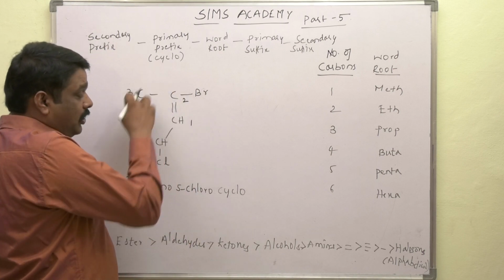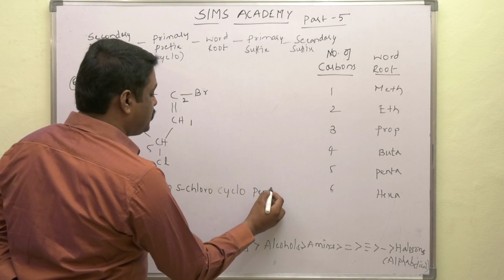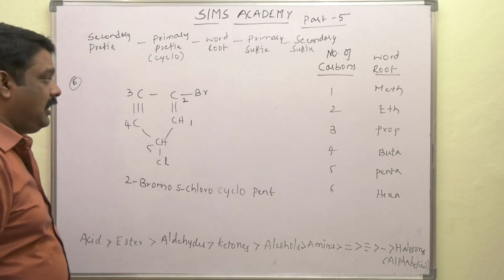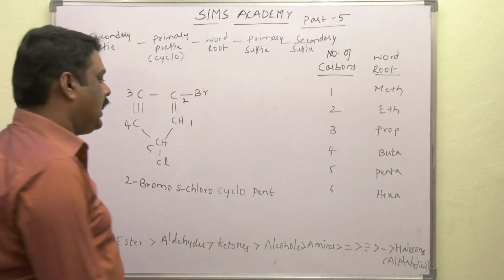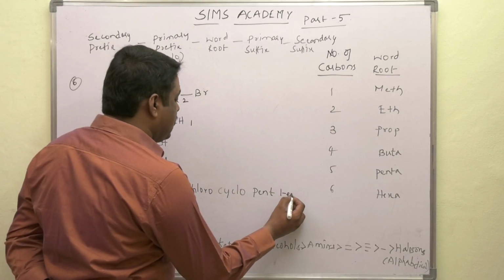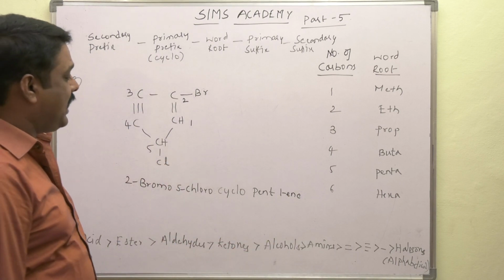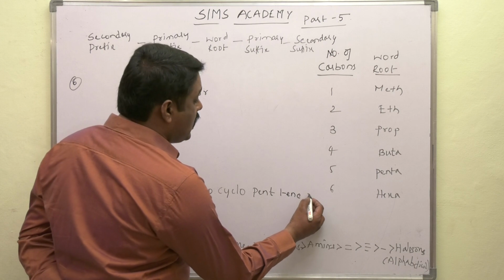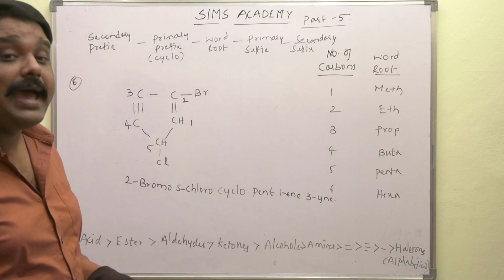Now coming to the word root, we have 5 carbon atoms, hence we mention pent, and between 1 and 2 carbon atoms we have a double bond, we mention 1 en, and between 3 and 4 carbon atoms we have a triple bond, we mention 3 ine.